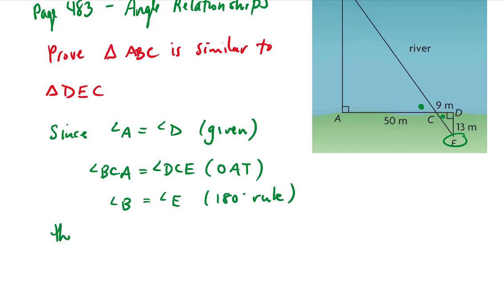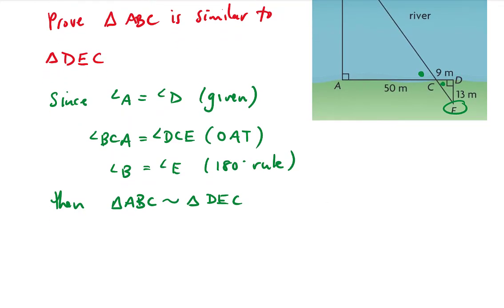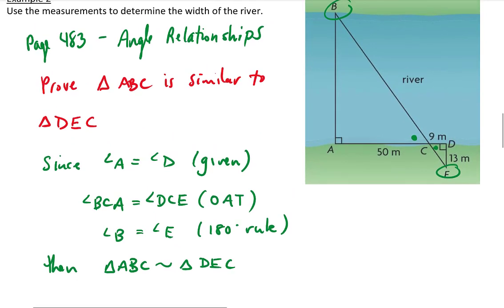So since that is true, then we can say that triangle ABC, and instead of saying is similar to, we can use this symbol here, which means similar, is similar to triangle DEC. And again, it's important to note that angle A matches angle D because they're both 90 degrees, so that's why I started with A. Angle B equals angle E, that's these ones here.